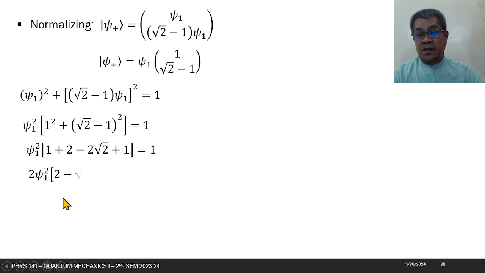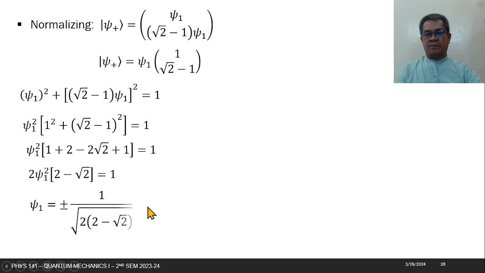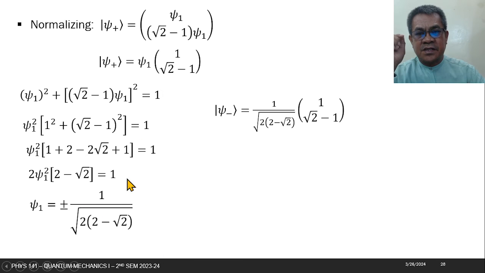Common factor 2, we can take it out. And this is 2 minus square root of 2. Then solving for psi 1, divide both sides by this quantity, then take the square root, and we have this result. Then substitute this psi 1 here. Then we have this result, and express this matrix in the expansion of the basis 1 and basis 2.